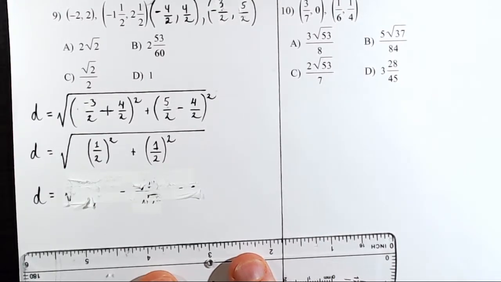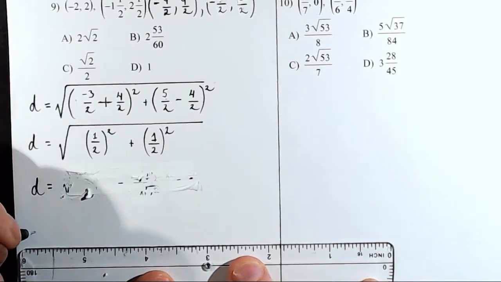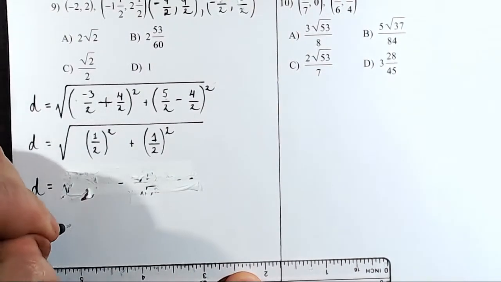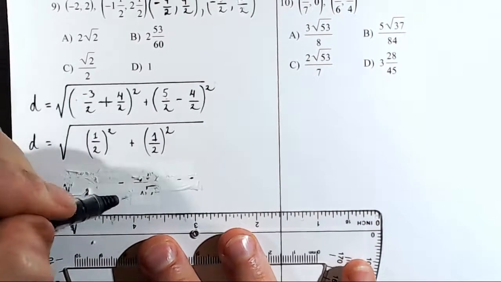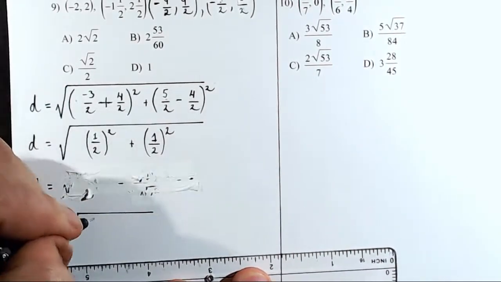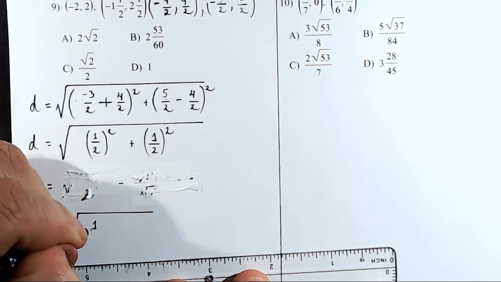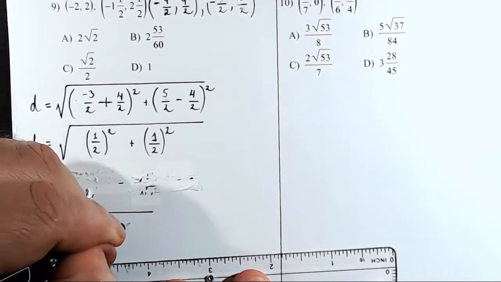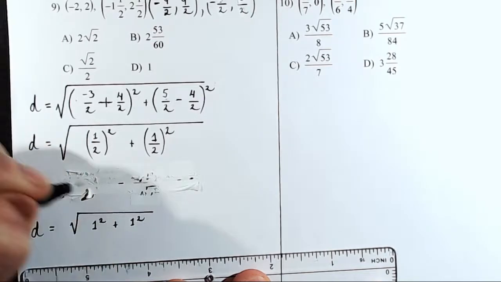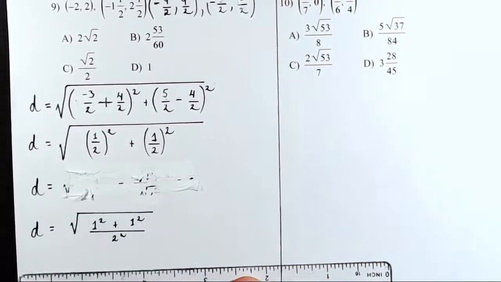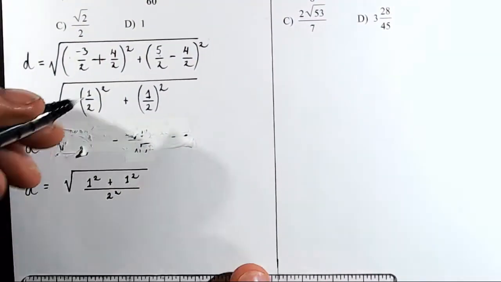So D is equal to the square root of 1 squared plus 1 squared over 2 squared. All right, I see that now. I see the solution.